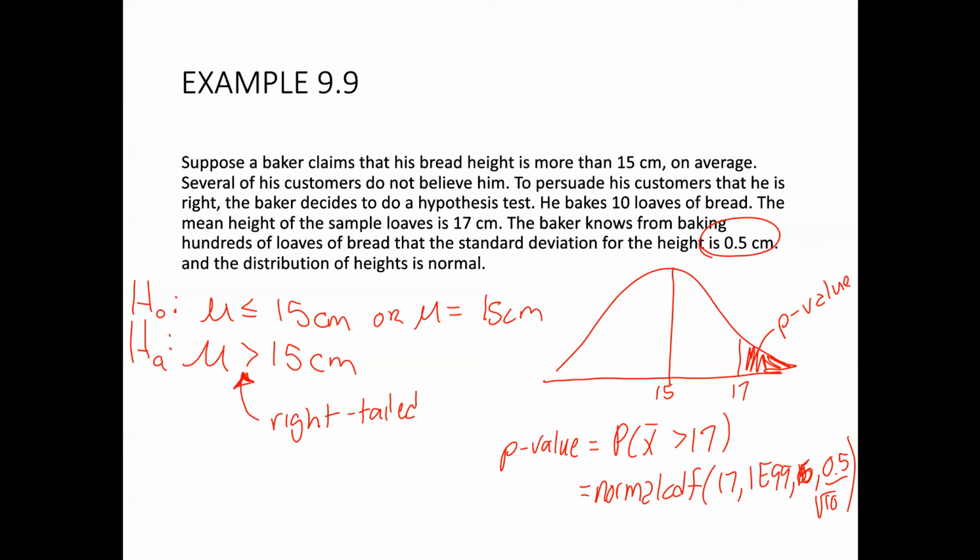So lower limit 17, upper limit infinity, mean of 15, standard deviation the standard error of the mean. We use that because we're looking at averages of samples. And we get 0.3606 for the standard error.